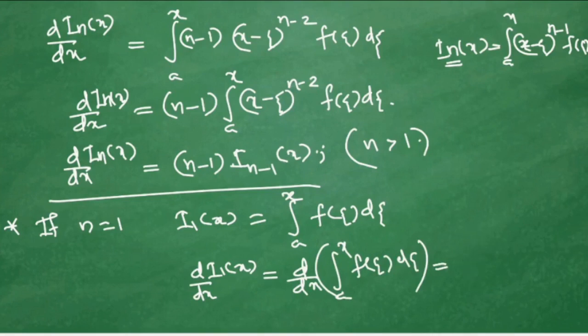Now f of x b dash of x, that will be f of x into 1, plus f of a into 0. So this is equal to f of x. That is, we obtained d I1 of x by dx is equal to f of x.